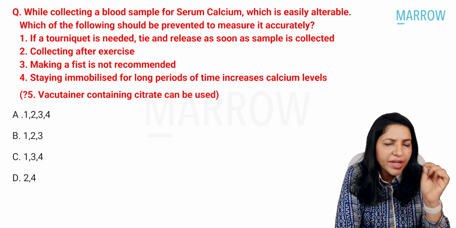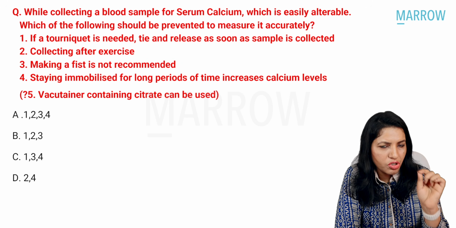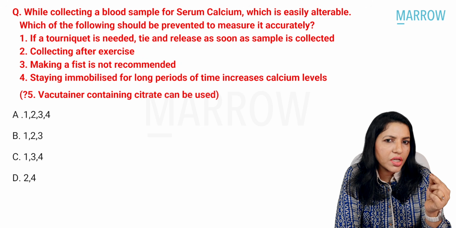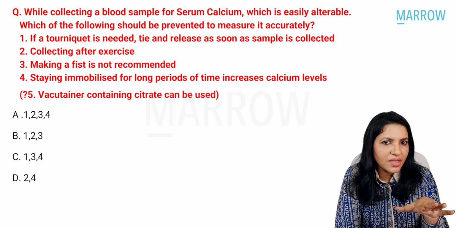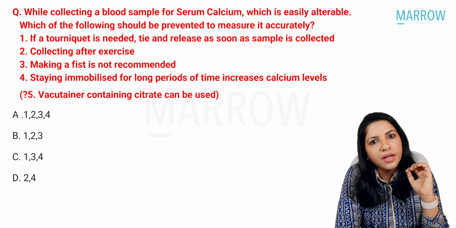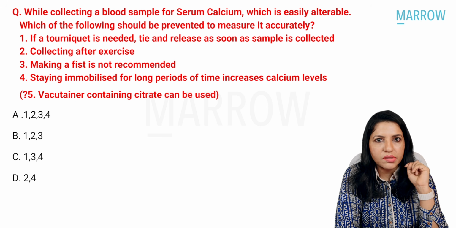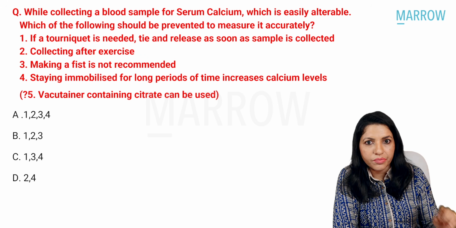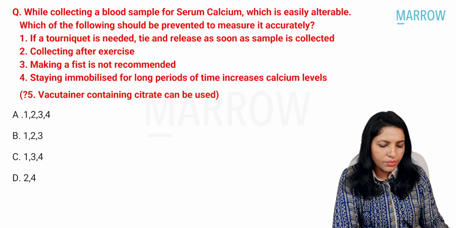So we should be very careful whenever we are drawing blood for calcium estimation, because even a minute change can increase the blood calcium. Most of these pre-analytical errors increase the total blood calcium level. So what are the factors that affect the blood calcium estimation? I'll go to the explanation, then I'll come to the answer.